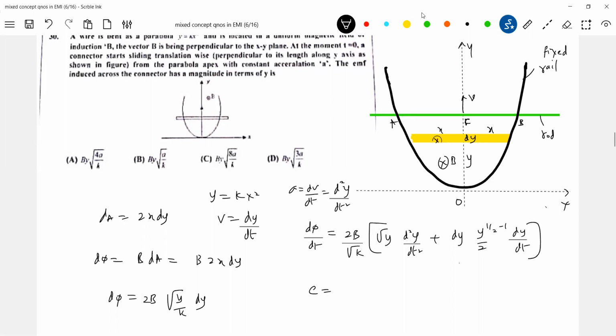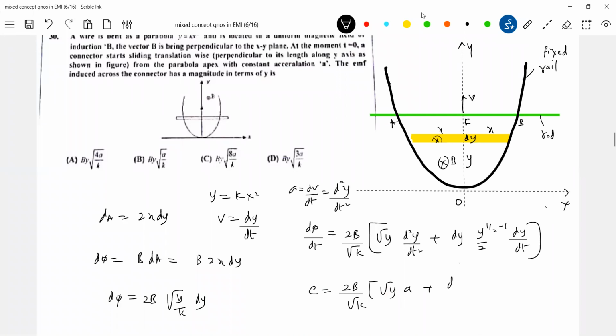Sir, if you differentiate like that, then it will become d square phi by dt, no, sir? Because d phi is already there. I'm differentiating with respect to time, no? d phi by dt. Let me end up with the mathematics. Let's see that. The d square y by dt square is the acceleration. Keep it here. dy into dy by dt is what? v.